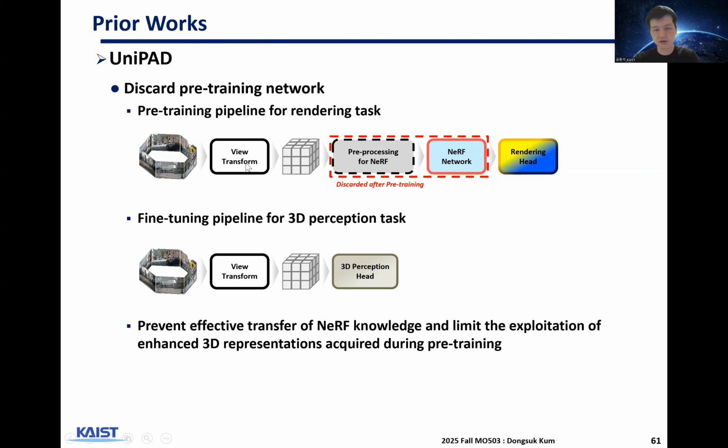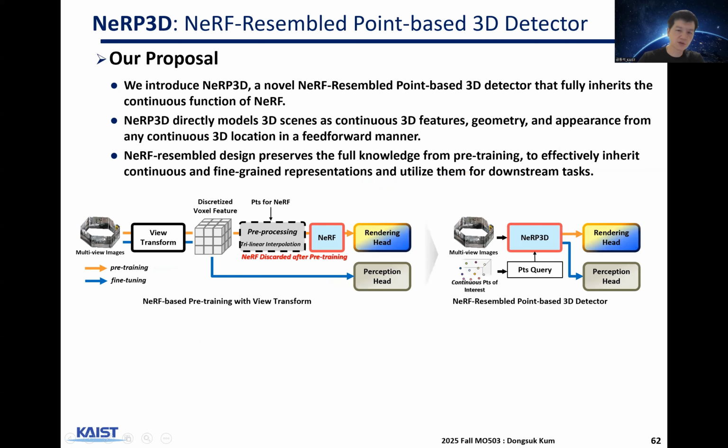So the gradient in the view transform will probably become small. And then we are discarding this whole network, right? Which we pre-trained.